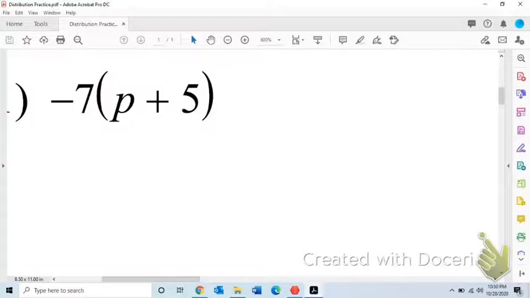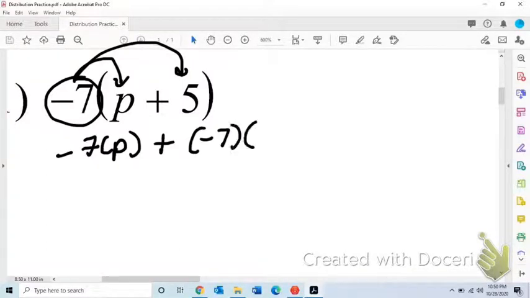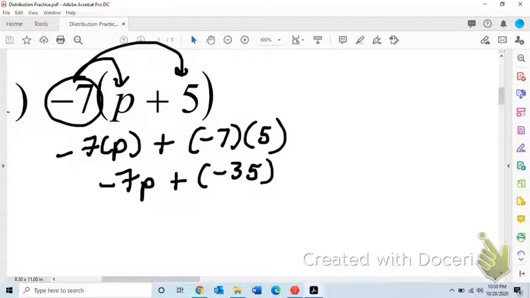So we're going to take that negative 7, and we're going to distribute it like so. So that gives us negative 7 times p plus negative 7 times 5. And that gives us negative 7p plus a negative 35, or negative 7p minus 35.